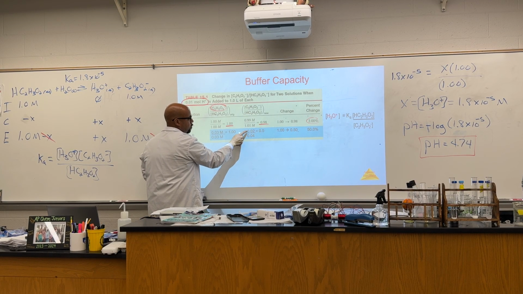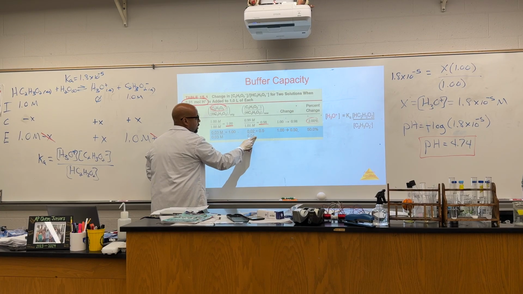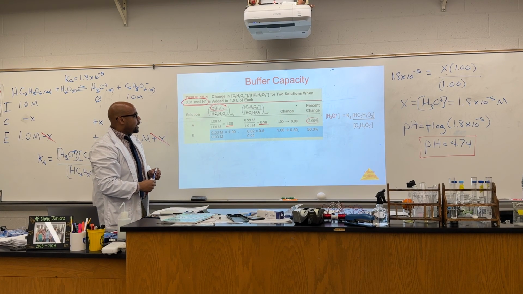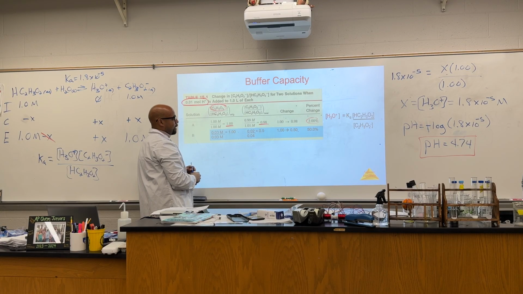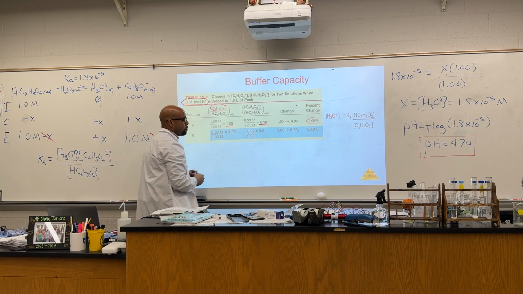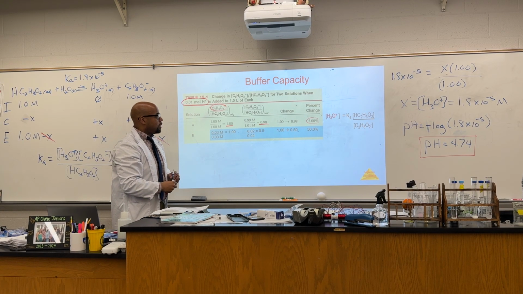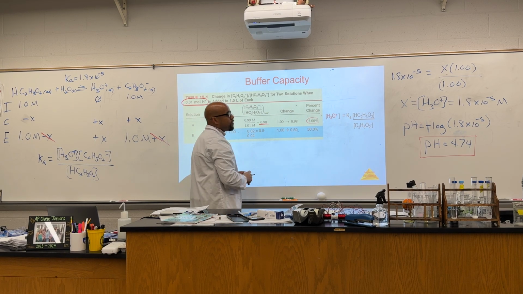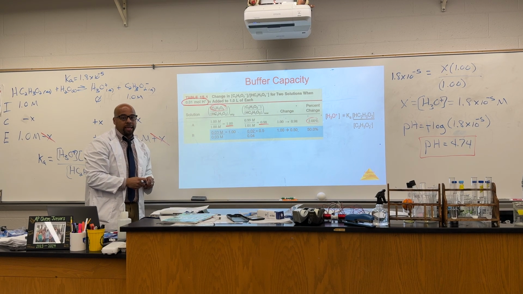So once again, the base is going down and the weak acid is going up. And it's still changing by the exact same amount. This one went down by 0.01, this one went up by 0.01. But because the numbers we started with are so small, now you're talking about a 50% difference that you're looking at here.